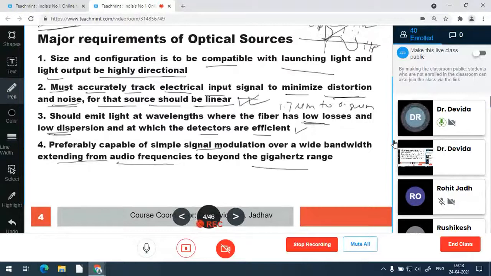It should emit the wavelength for minimum losses and minimum dispersion in the optical fiber, and high efficiency for the detector. It should be capable of simple signal modulation over a wide bandwidth extending from audio frequency beyond VHF bands.